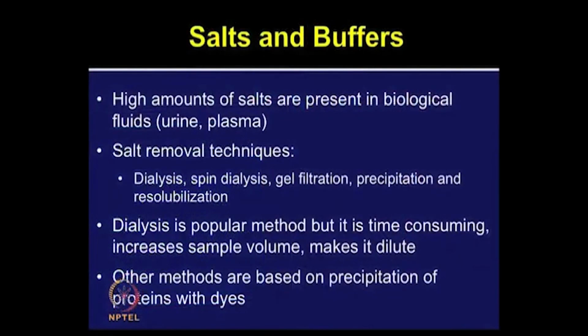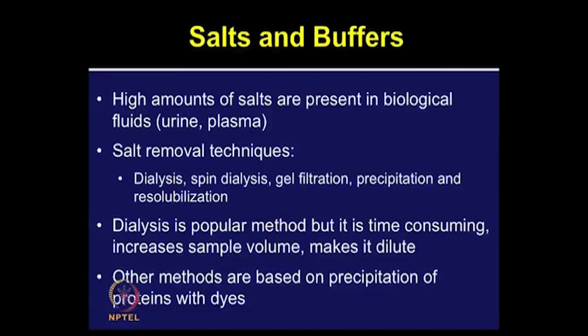Let us first talk about salts and buffers. During your entire processing, you use different types of buffers, and residual buffers are always there which could affect the overall sample preparation. Salt is also present due to the nature of the sample itself.